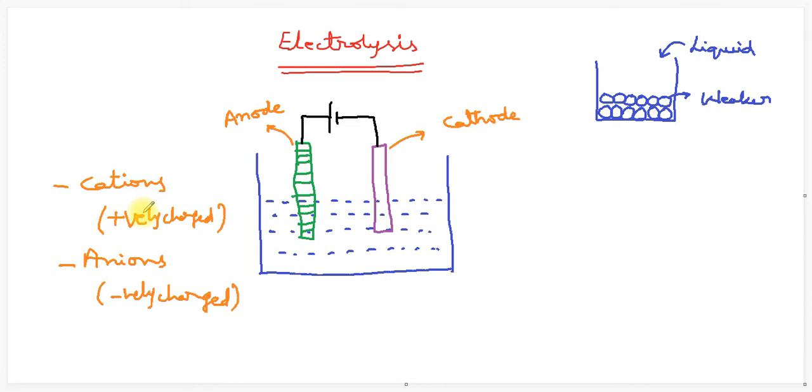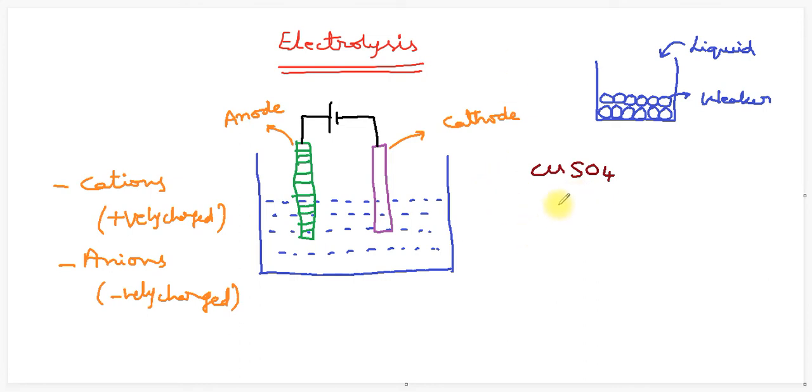Now we will see an example also. Let me take CuSO4 as an example. CuSO4 is the material here, and we dissolve this material into a liquid. Let me take water only.